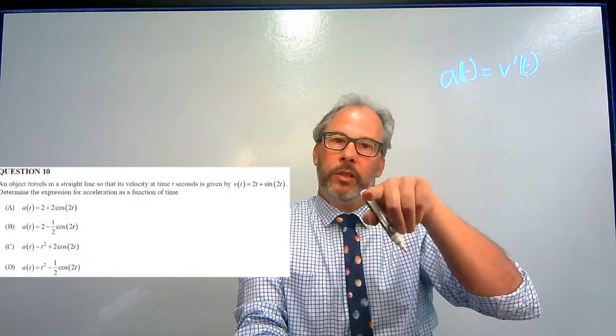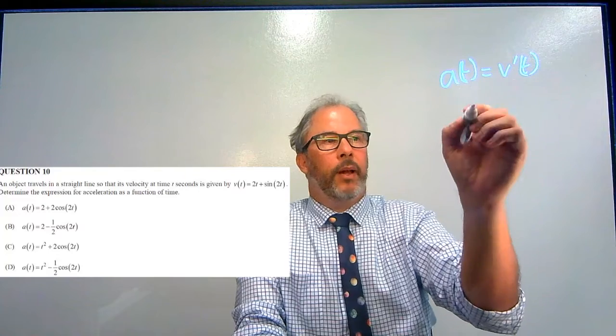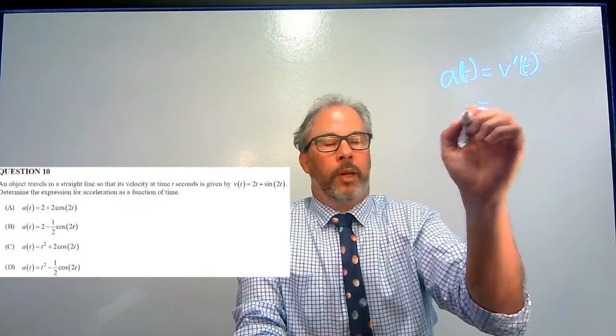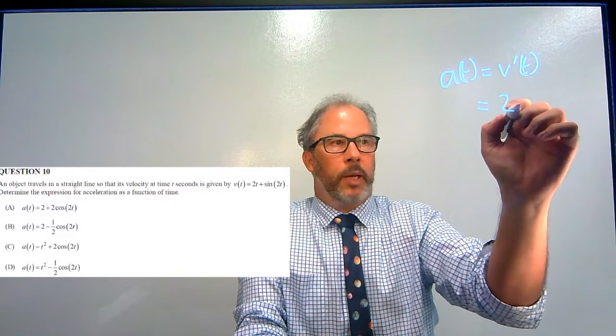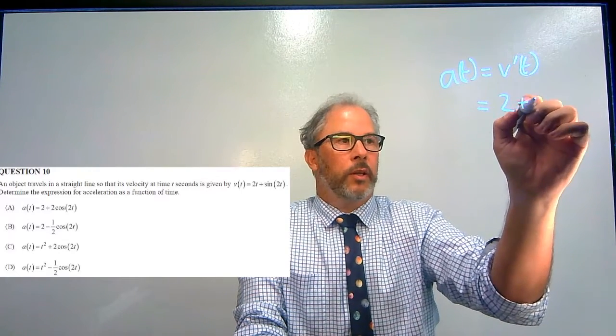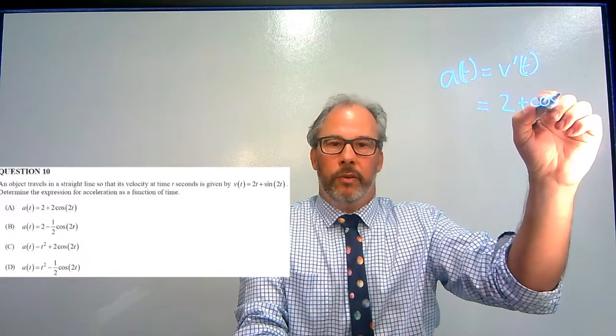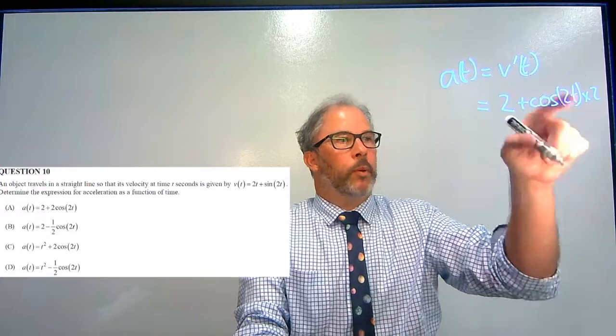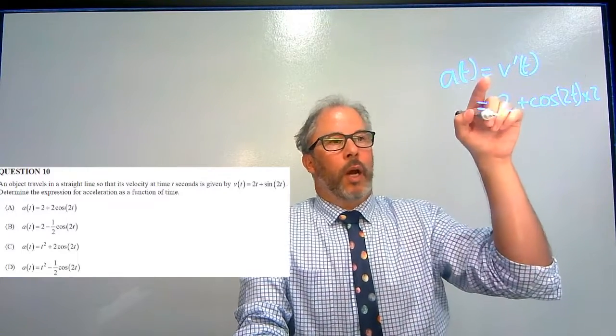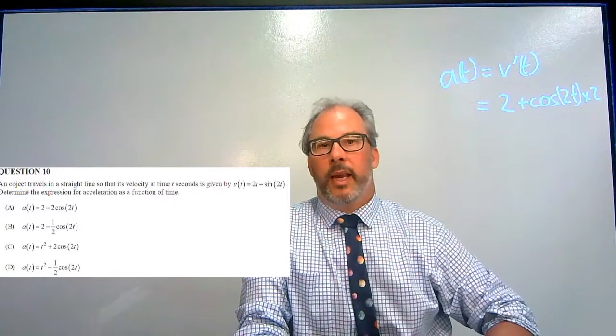Now you're given the velocity function, so you should be able to work that out. If I work out the derivative of that, 2t just becomes 2 plus cosine of 2t, and then we've got to multiply that by 2. I can already see that that's answer A.